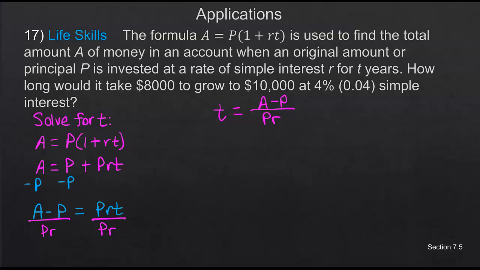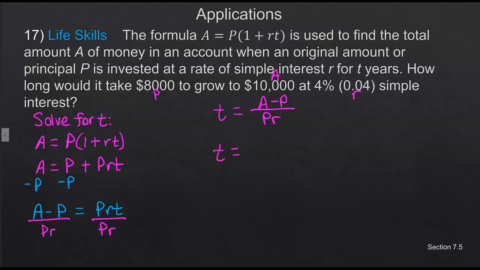Now we can substitute everything in. Now you have to identify this. And on this, the 8,000 is going to be our principal. Sorry, the 8,000 is the investment. We're growing it to the 10,000. And then this is r, the 0.04.